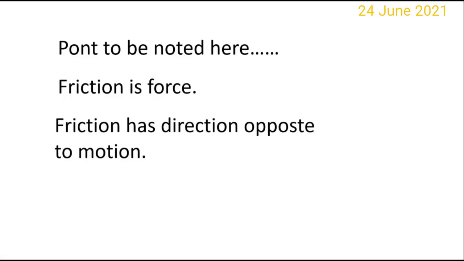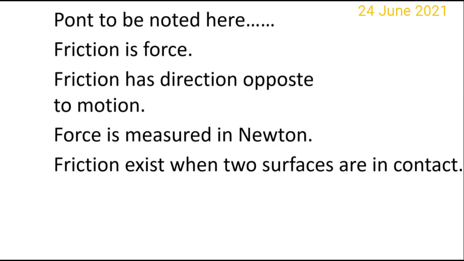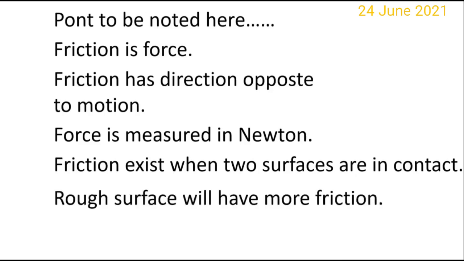Since friction is force, and we all know force is measured in Newton, friction exists only when two surfaces are in contact, right? And then again we have seen rough surfaces will have more friction.